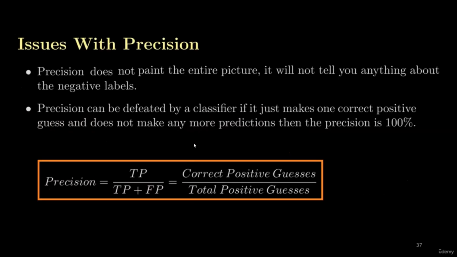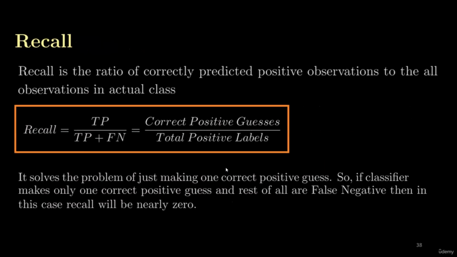So if we see the equation of precision, here we have total positive guesses, and in recall we have total positive labels. That is the difference, and we can see that here the false negative label is also taken into account. So it solves the problem of just making one correct positive guess.